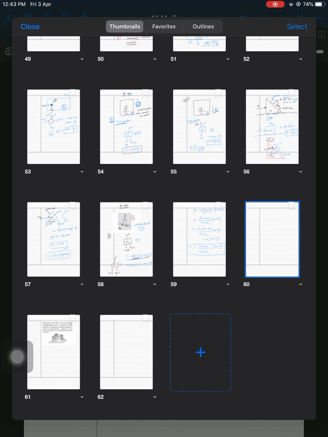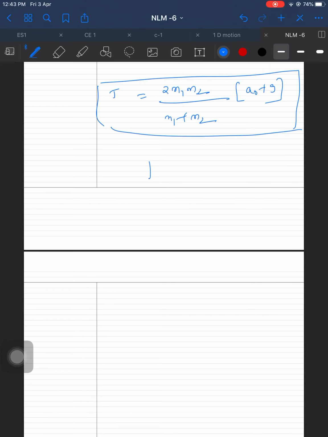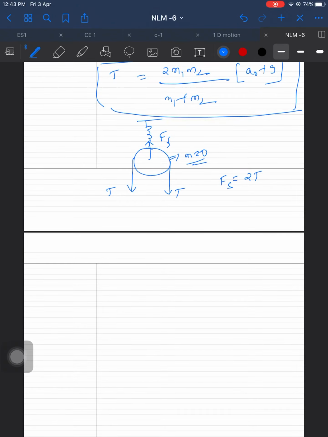What is the extension in the spring? If you draw the diagram carefully, there is a spring here, there are two tensions T and T. The spring upward force, just write Fs. The pulley is massless, M is equal to 0, then Fs is equal to 2T.